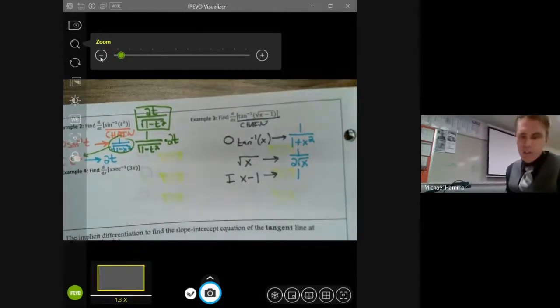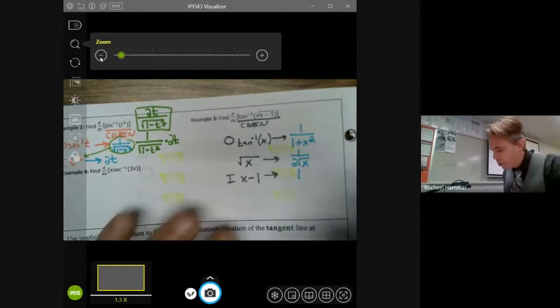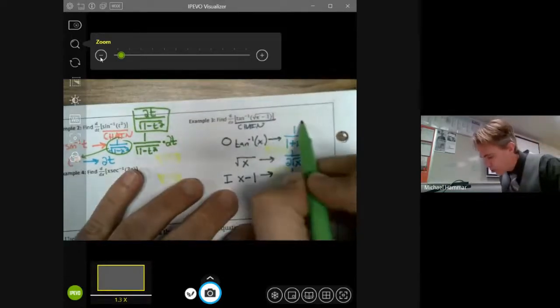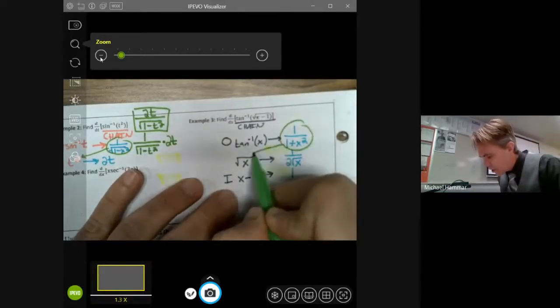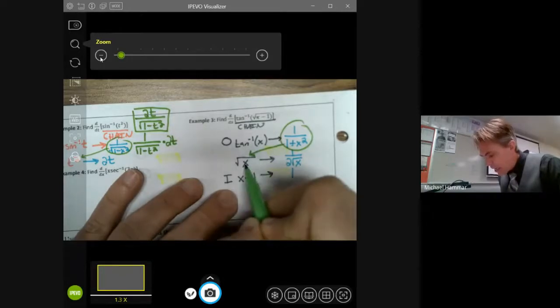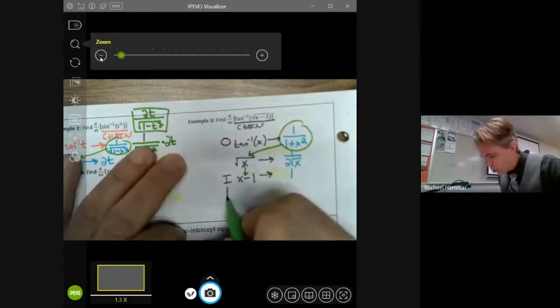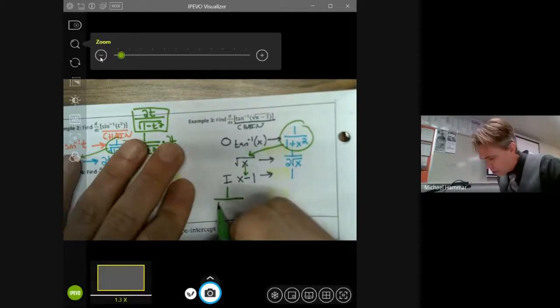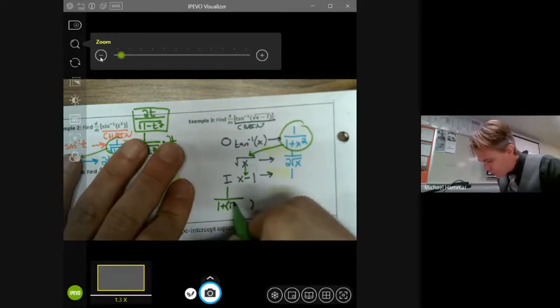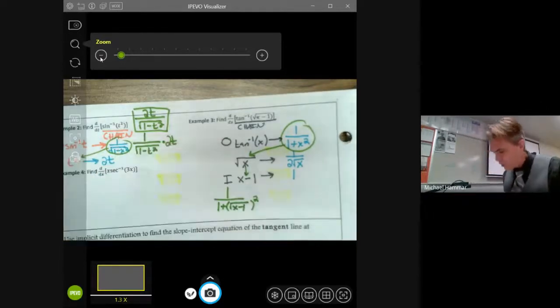So now we need to just go through and we need to put all of our chains together. So we're going to start here. And remember, we're going to jump to here, and then we're going to move down. So it's going to be 1 over 1 plus the square root of x minus 1 squared.